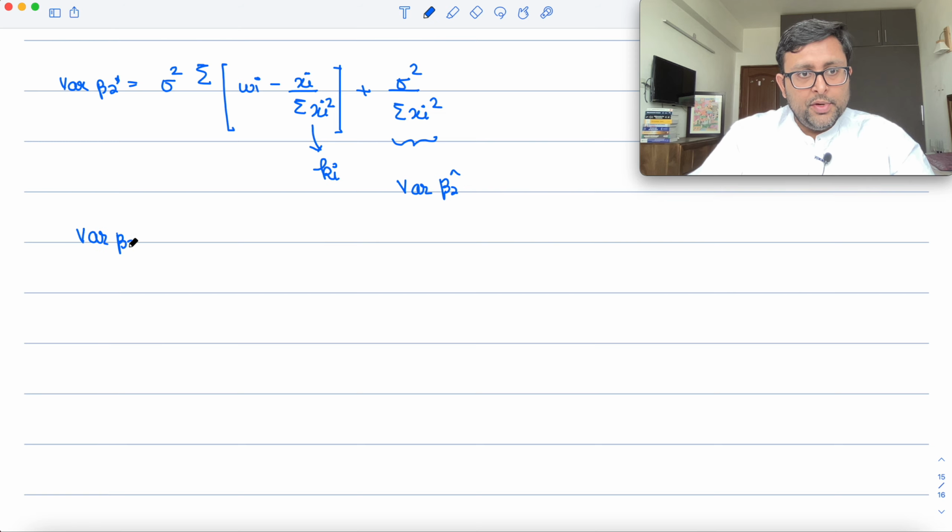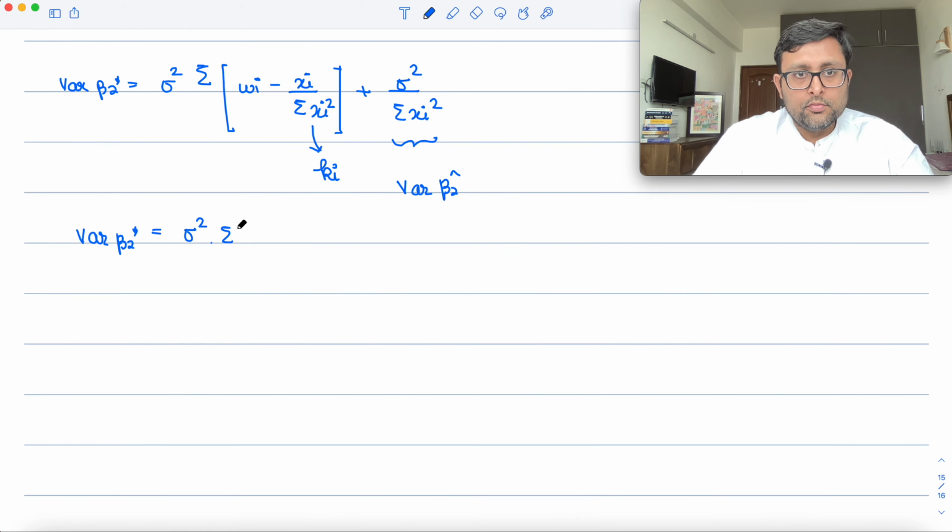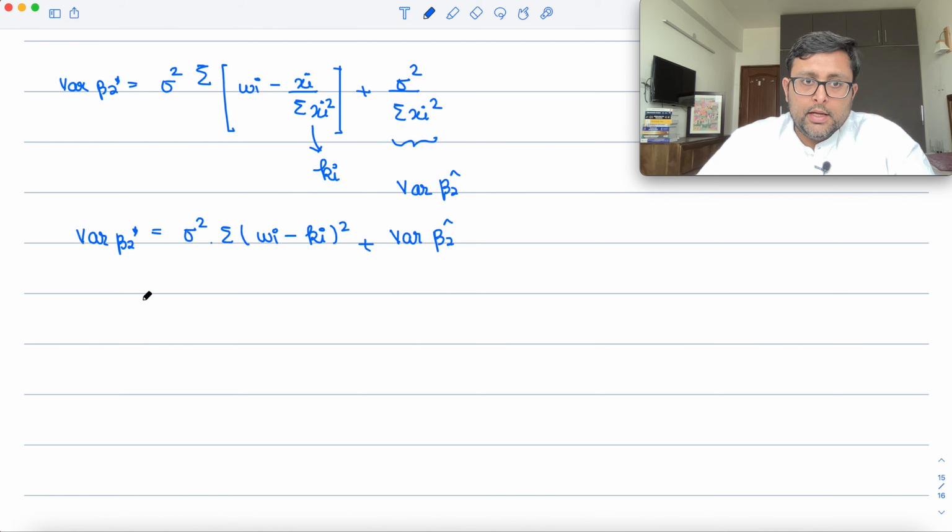So the variance of beta 2 star is equal to sigma square summation of (wi minus ki) whole square plus the variance of beta 2 hat. Now you tell me one thing. This is the weight of the non-OLS estimator, and this is the weight of the OLS estimator.